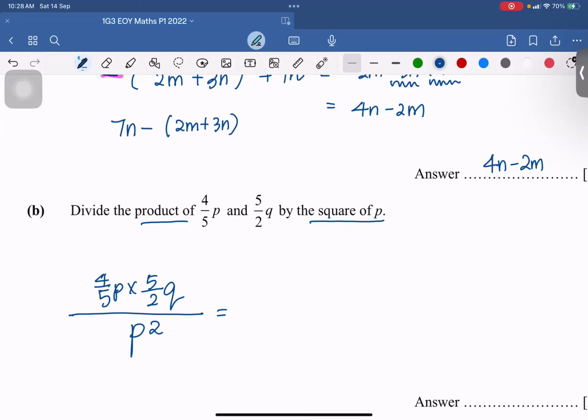So I'll just do my numerator and multiply my numbers together. 4 over 5 times 5 over 2 gives you the number 2. Then p times q, pq over p squared. This is not the simplest form yet because p and p squared can be further simplified. I cancel away one of the letter p. I'm left with p to the power of 1 in the denominator, and that is the answer.